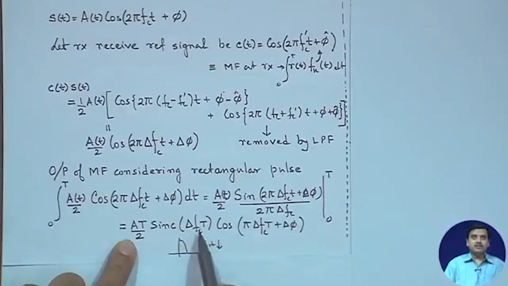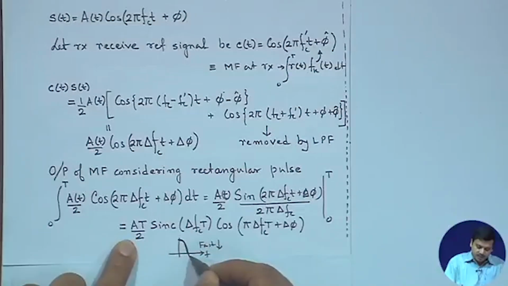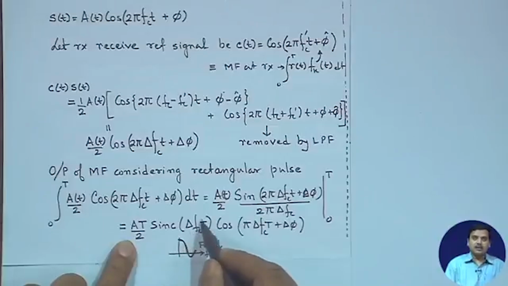As delta f c increases, the sinc function drops like this and goes like that, and the cosine function also drops in a similar fashion, right. So, what we get is that these drop very fast. That means, the peak of the matched filter comes down this curve at a very fast rate as delta f increases.